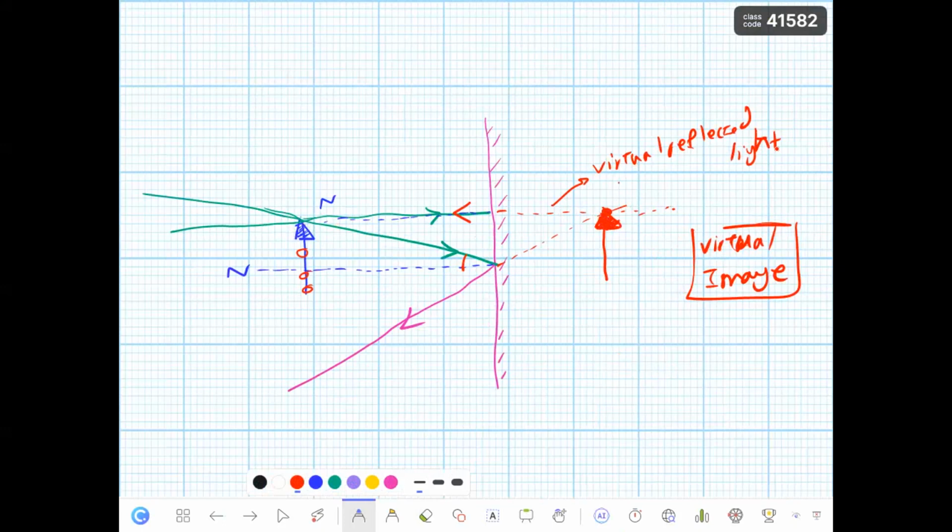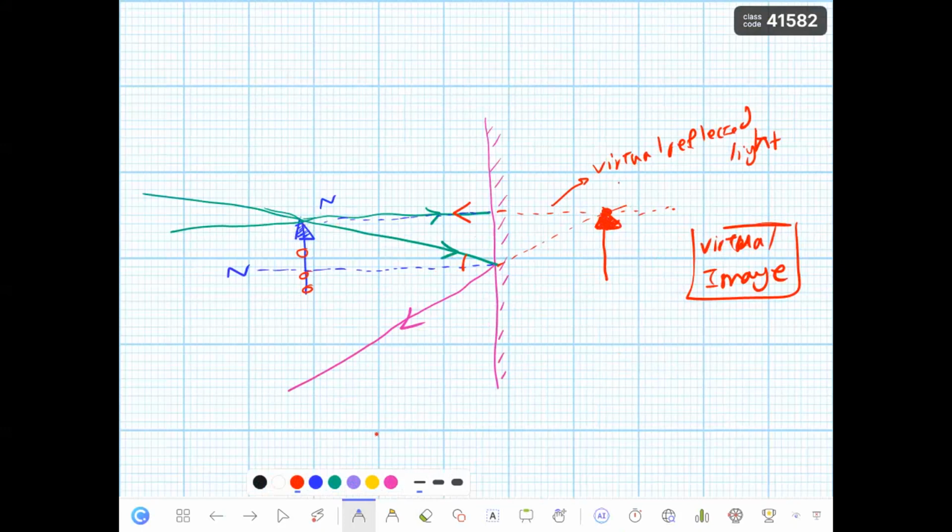What is your image height in the plane mirror? 1 meter. So the plane mirror doesn't change the shape, yes? It's going to be exactly the same size. If you are 2 meters and you are standing in front of the plane mirror, your image height is going to be exactly 2 meters.